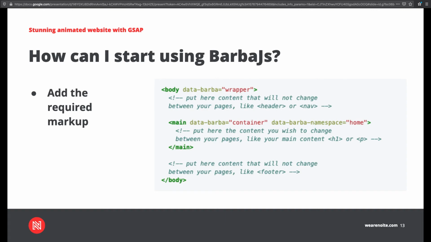And you need to add a div or a main tag with the attribute data-barba container that will tell Barba that this is the div where the dynamic content is going to be replaced. And that's it. If you put these tags in your page, you can start prefetching and using this amazing library.